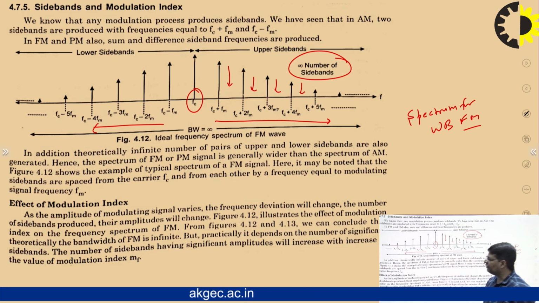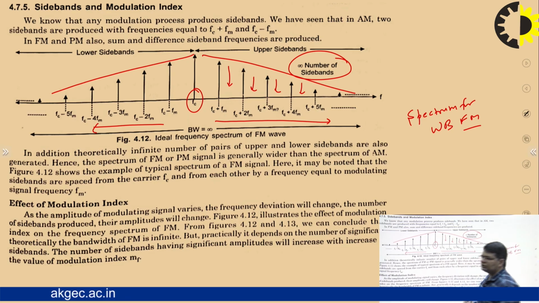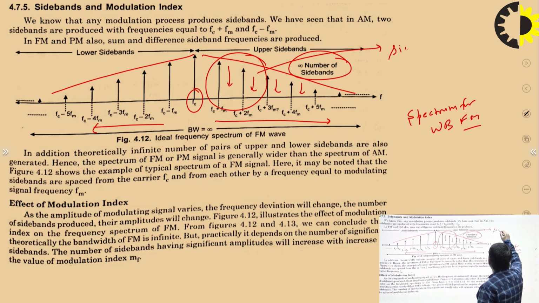From the FM spectrum it is clear that only the starting few sidebands are significant, whereas the remaining sidebands can be treated as insignificant and ignored.